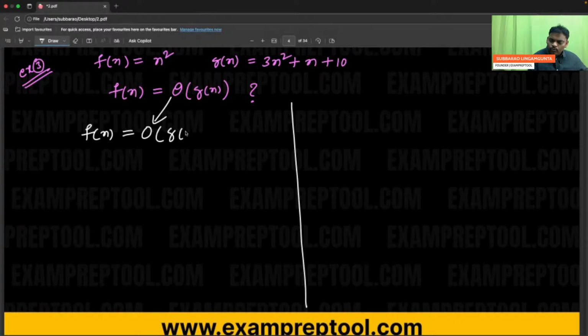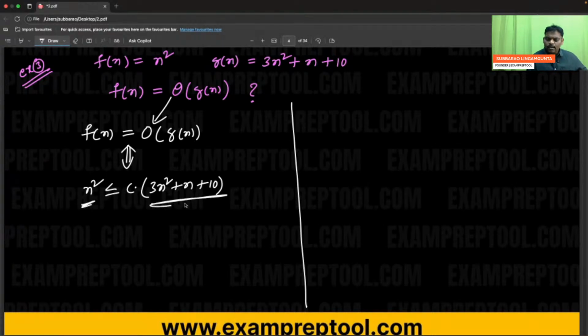F of n is n square, which should be less than or equal to some c into g of n, where g of n is 3n square plus n plus 10. If you see, the right side is already bigger, so there is no requirement of any help. I think c value 1 you can take.